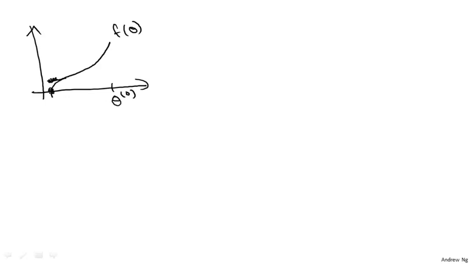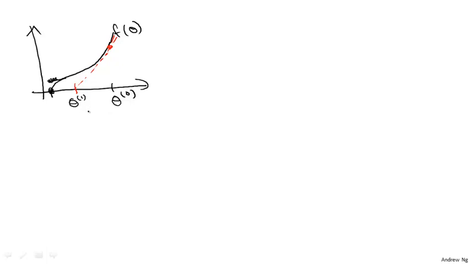Our goal is to find this point where f of theta is equal to 0. And what one iteration of Newton's method did was, we fit that tangent, see where it intercepted, and this gave us theta 1. So let's figure out what the right math is for doing one iteration of Newton's method.